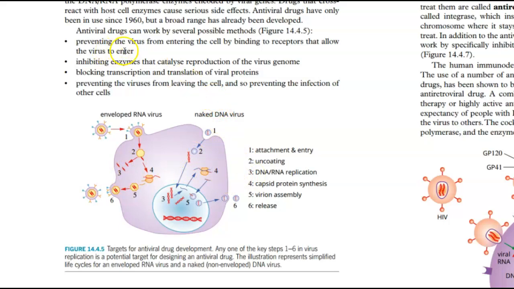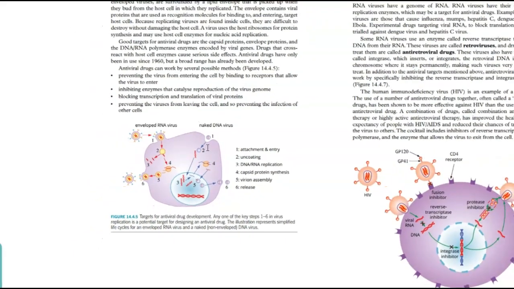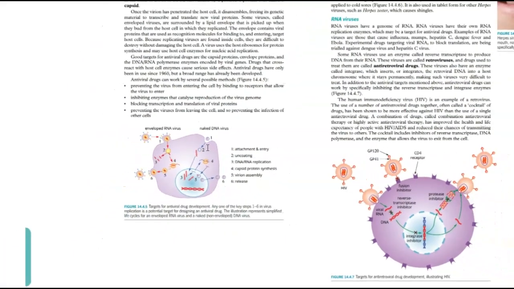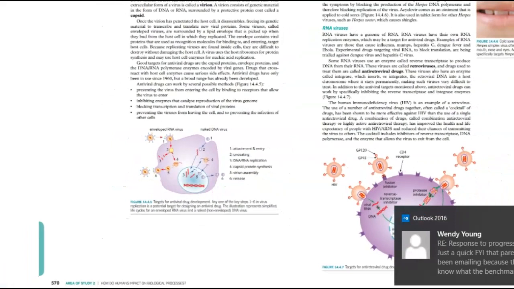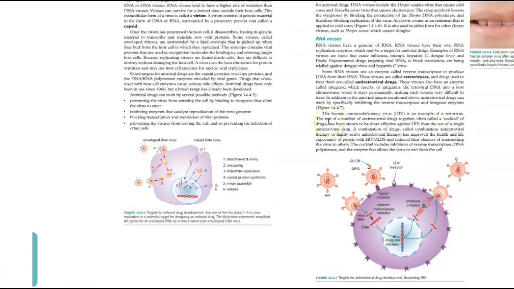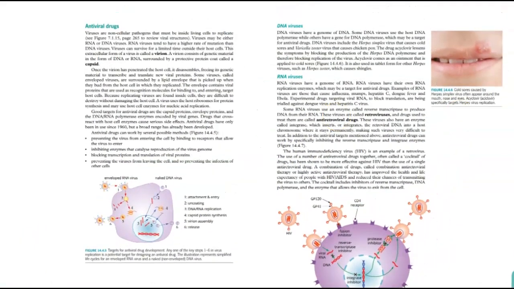So they do things like preventing the virus from entering or from injecting its DNA into the cell in the first place, inhibiting enzymes that catalyze reproduction of the virus genome, so stopping those enzymes working, blocking the transcription or translation. So that's all a very broad description of how you would stop the virus at any one of those important parts.